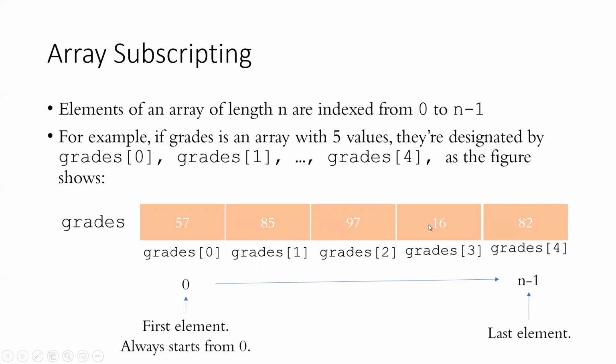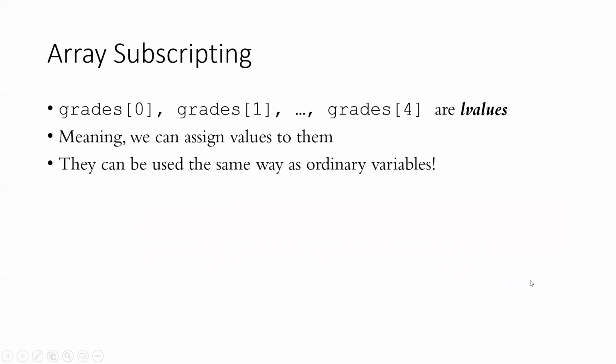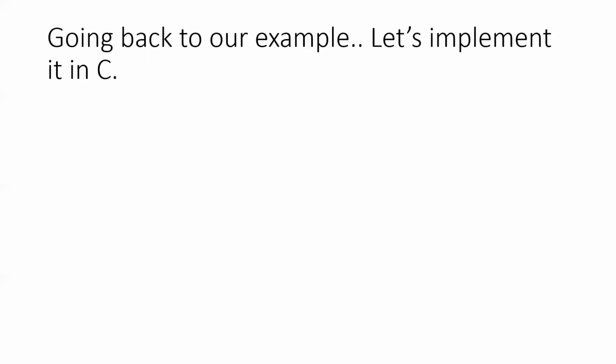If we have 5 elements, the last element will be accessed with n minus 1 or 4, all right? The grades of 0, grades of 1, until grades of 4 are L values, meaning we can assign values to them and they can be used the same way as ordinary variables.